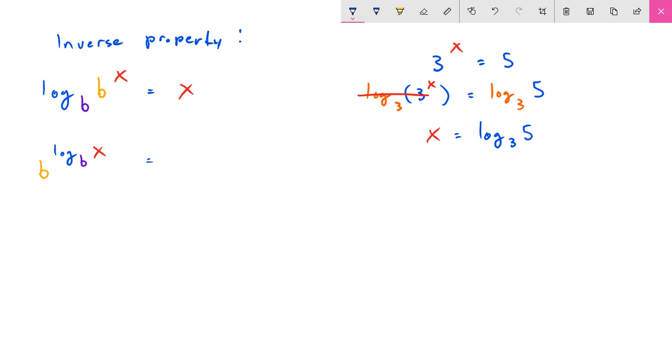The b and the log base b, remember they're inverses of each other. They cancel each other out. It would also be x, that's right. All it's saying is that the base with a log base of the same number cancels out completely.